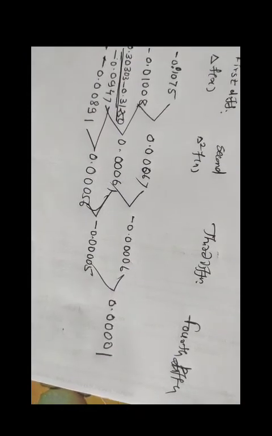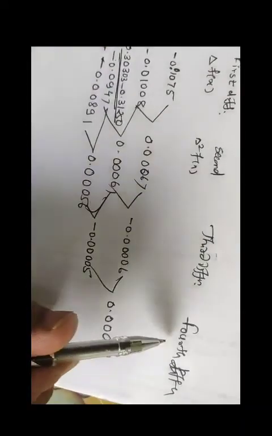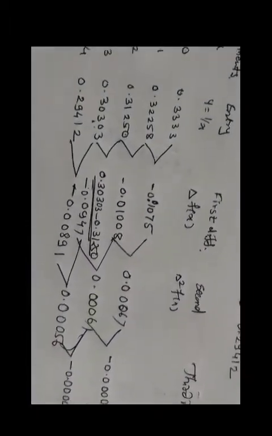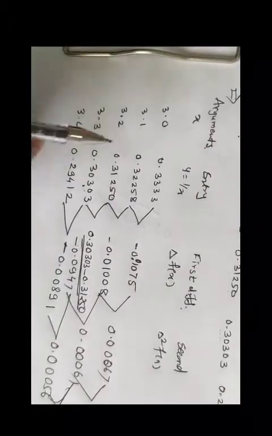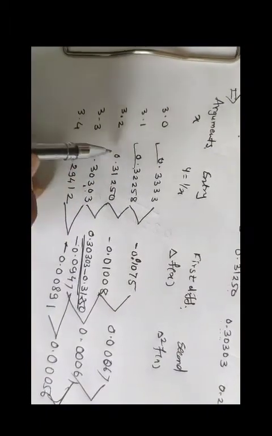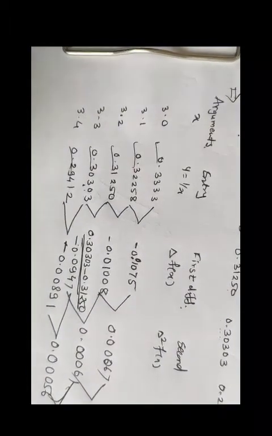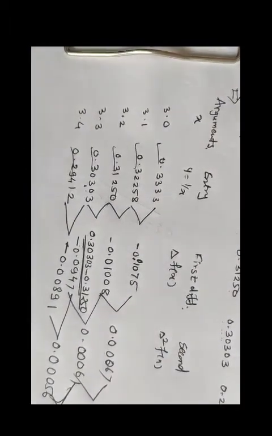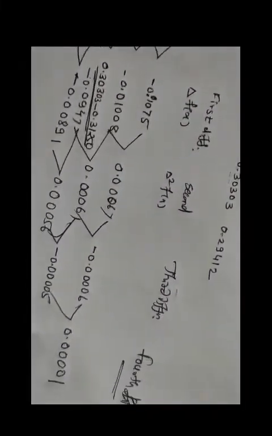So we observe here that there were 5 terms given. So the fourth difference is constant. See here, in the table there are 5 values given: 1, 2, 3, 4, 5. There were 5 terms given, so we get the fourth difference constant.